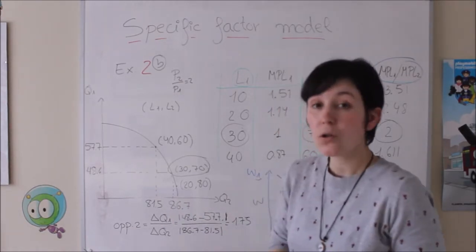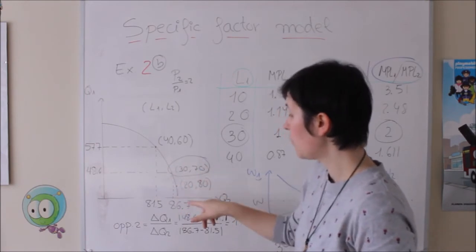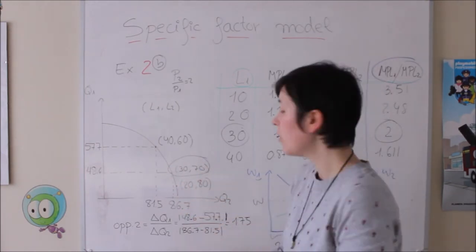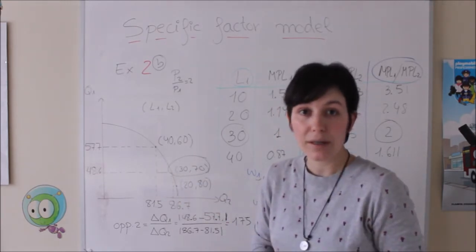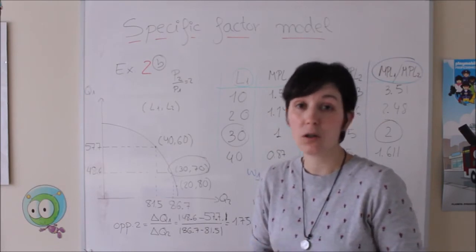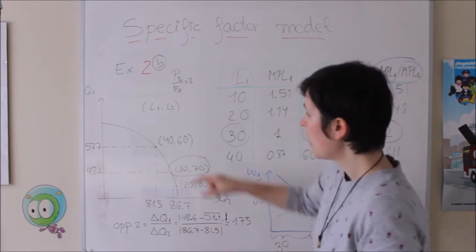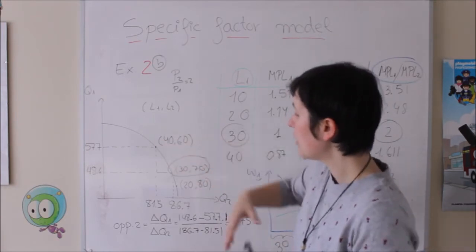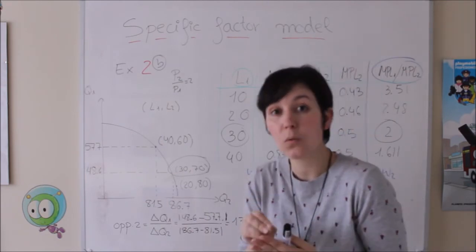Or you can also use the next point around this equilibrium one, when you are using more of this good and less of the other good. In both cases, the result is going to be an approximation. It is never going to be a perfect 2. Why? Because we are considering points with a big distance between them, and the slope is at just one point.